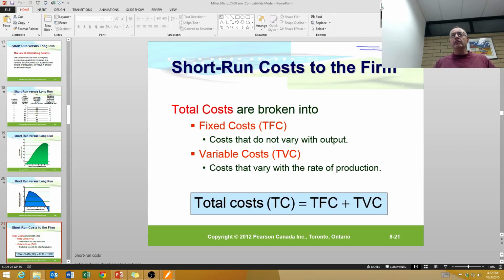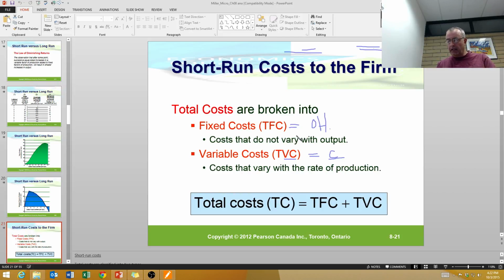And in some of your other classes, we might use different terminology here. So in math class right now, when we talk about variable costs, I think in math class we just call it costs. And fixed costs in math class, I think we may call it overhead, but it's the same concept.